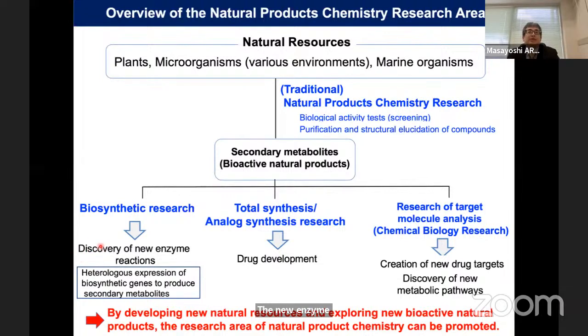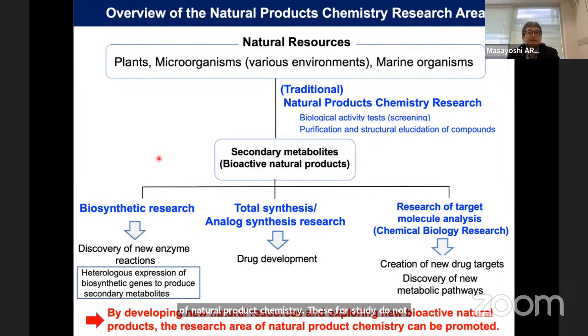Moreover, this research has recently expanded to heterologous expression of biosynthetic genes to produce secondary metabolites. As you may now understand, in the area of natural product chemistry, these 4 studies do not exist individually.